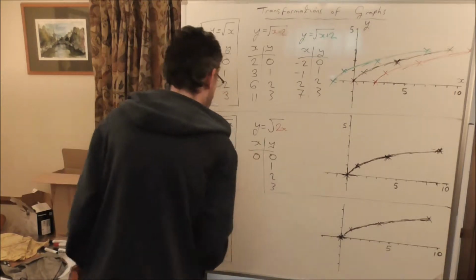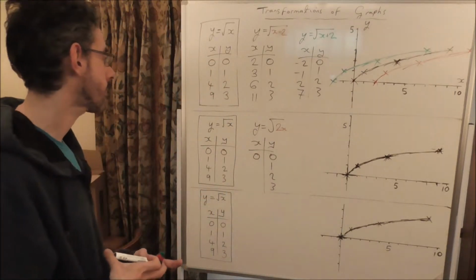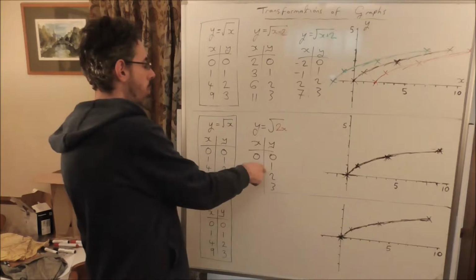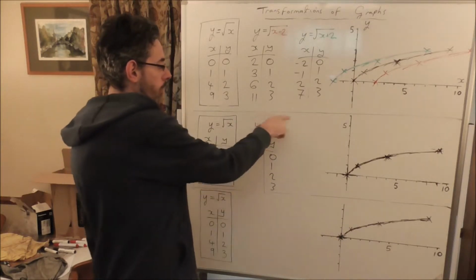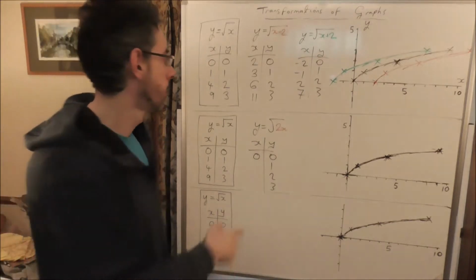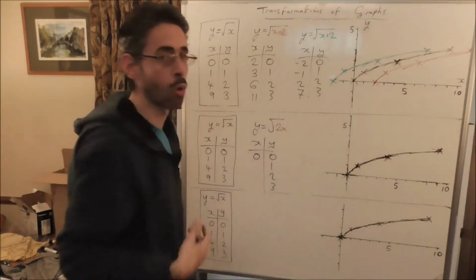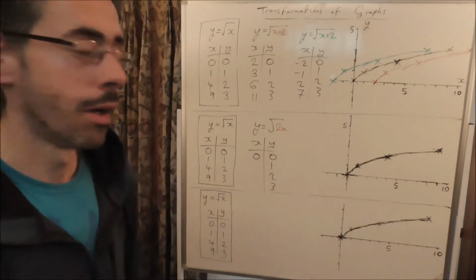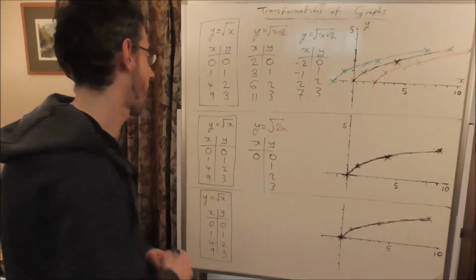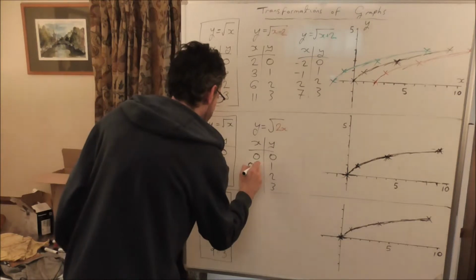So x has to be 0, no change there. What about if I want y to be 1? What x value do I need? Well, if I want y to be 1, the square root of 1 is 1. So I need 2x to be 1. Well, if 2x is 1, then x has to be a half, or 0.5.